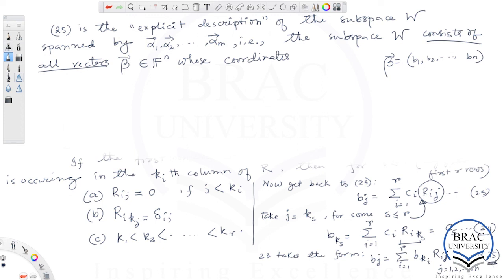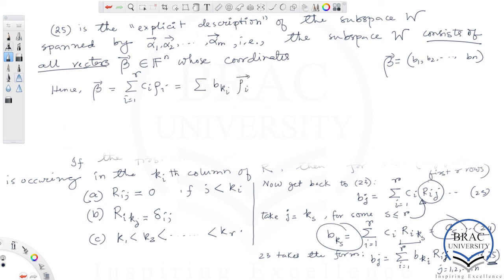So hence beta is equal to the sum over Ci rho i, where i runs from 1 to r, and this in turn is written as, we know that Ci's are B sub Ki, we have seen here, so the sum of B sub Ki rho i.